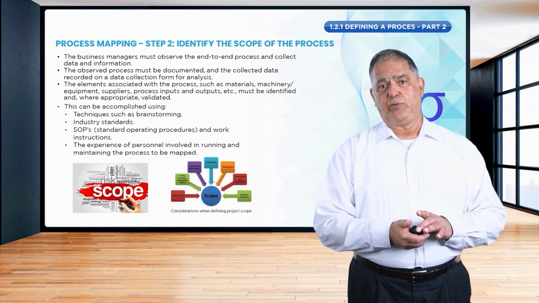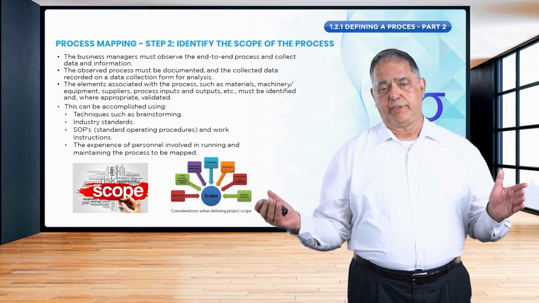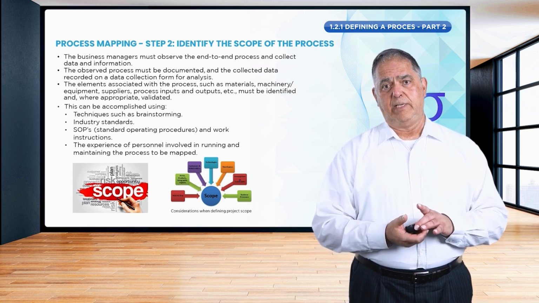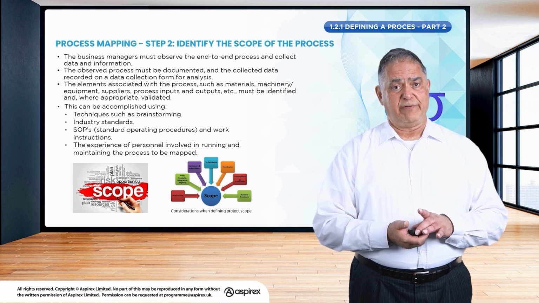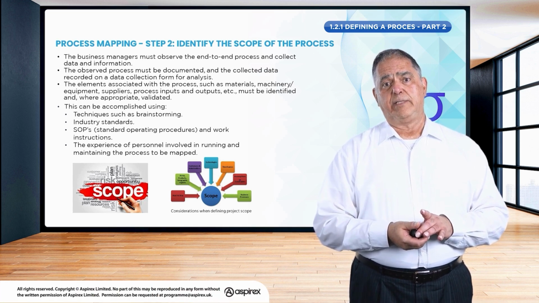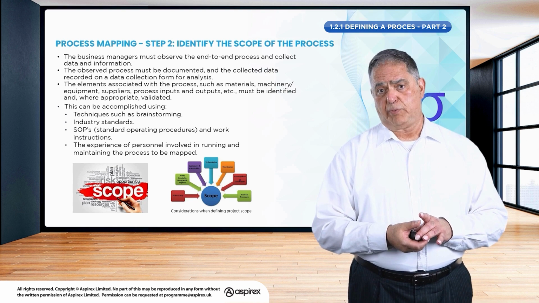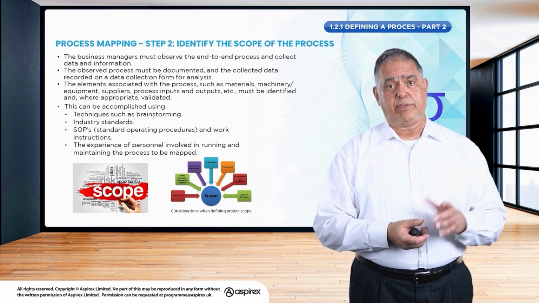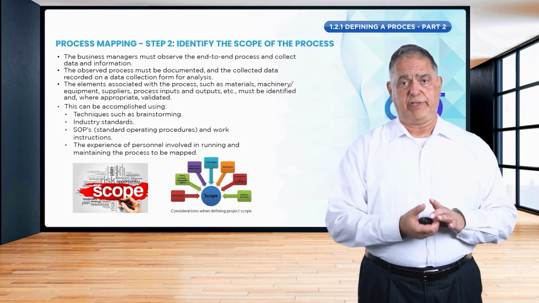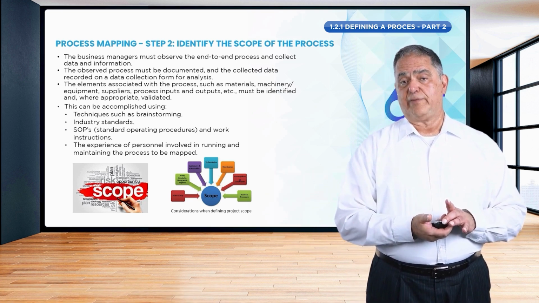So we have to scope the process, and this typically happens during the define phase of the project, and agree with the project sponsor about where to start and where to finish, and what the deliverables of the process will be.